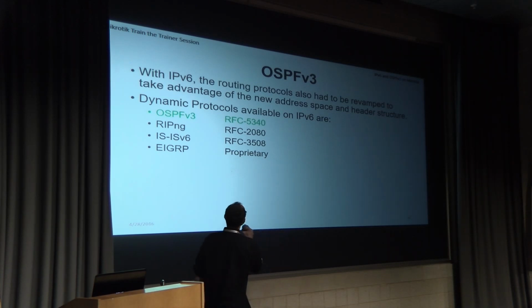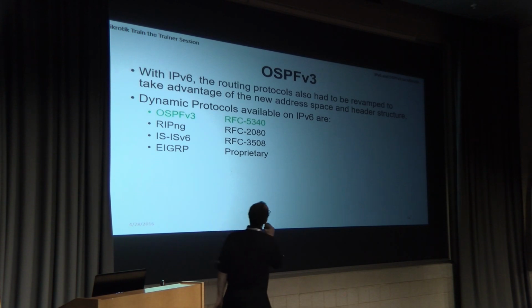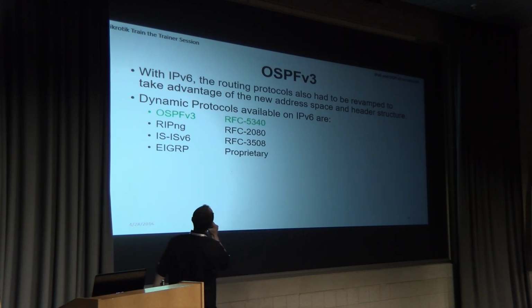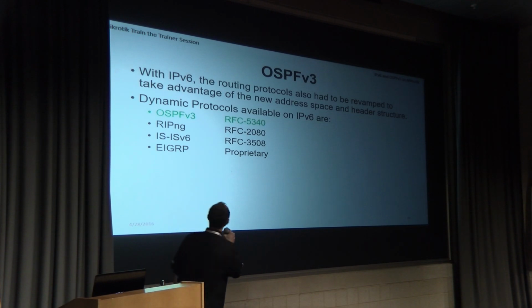That is what the acronym stands for. The IPv6 version of OSPF is defined in RFC 5340. These are the routing protocols currently supported by IPv6. I have BGP missing there, but it's also supported.